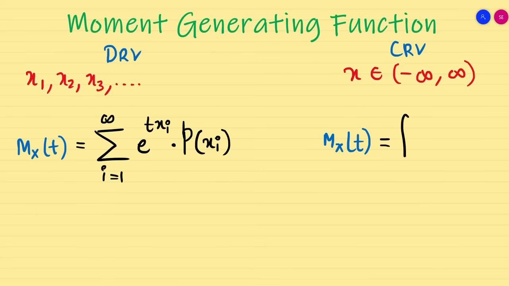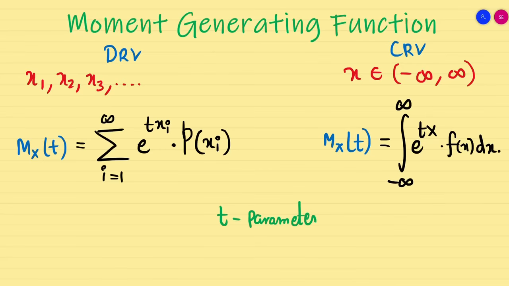In the case of a continuous random variable, the limits are from minus infinity to infinity of e power tx into f of x dx. That's it, guys. We have to note that in both cases, t is a parameter.